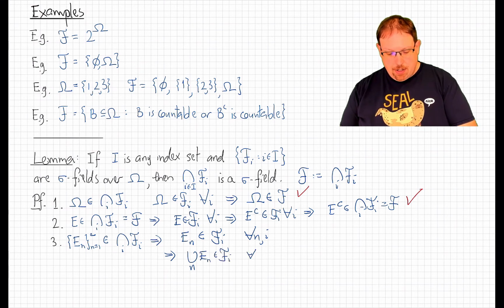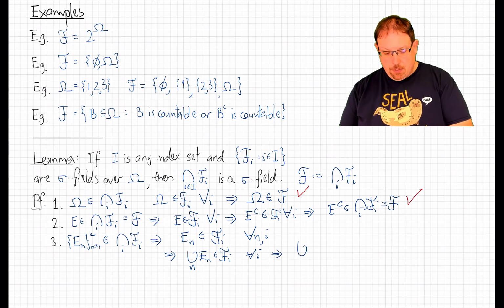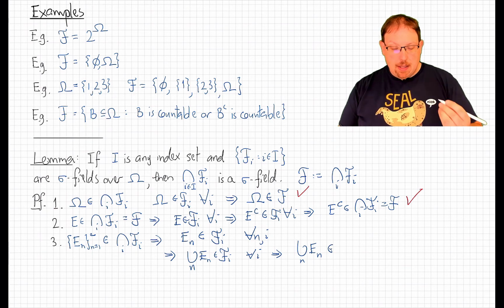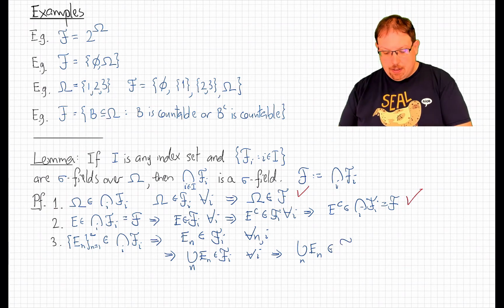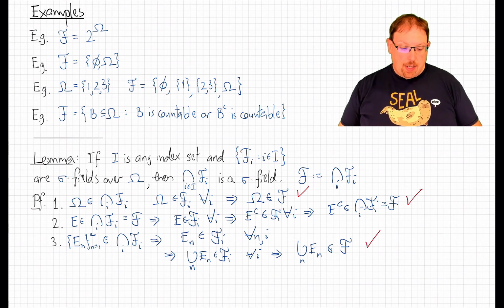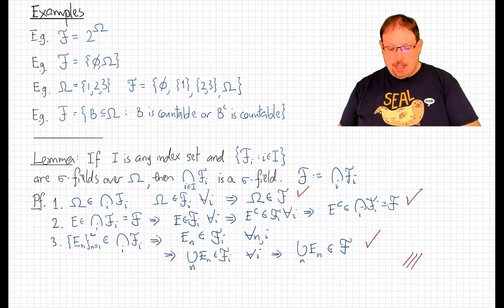And that's for each i. But that means that the countable union of the En's is in the intersection of all the Fi's, which is F. Check. And so we see that indeed the intersection of any collection of sigma fields is itself a sigma field.